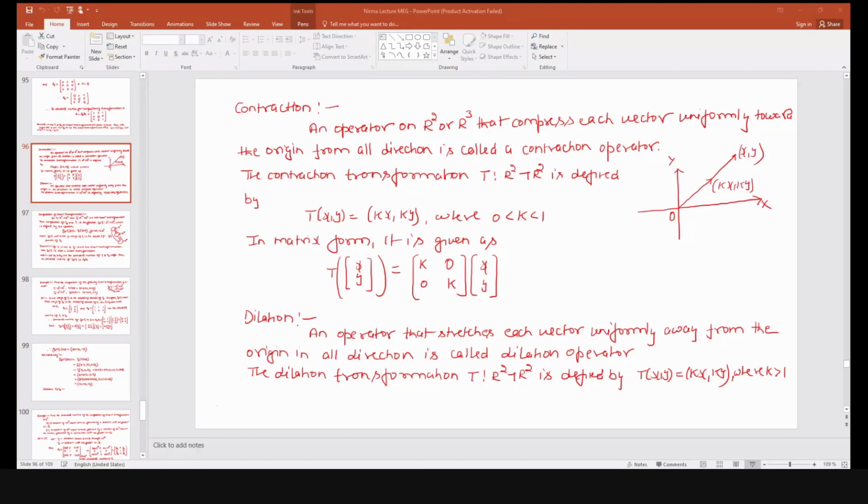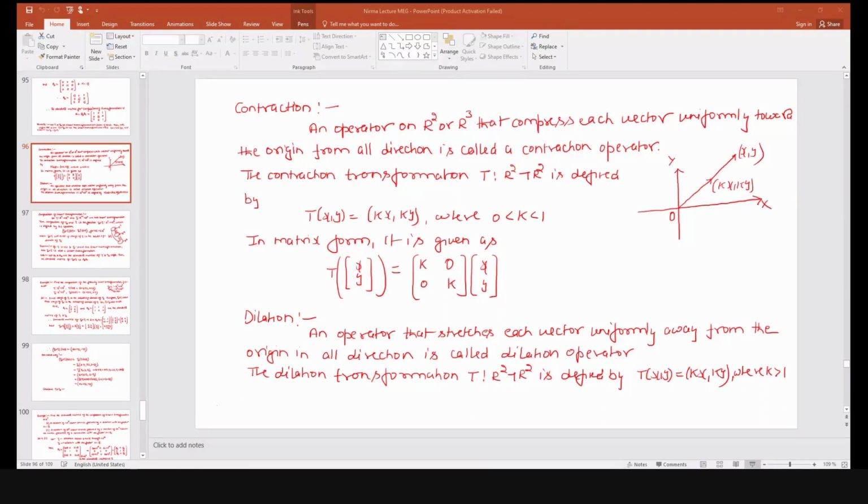If you multiply each component with a scalar greater than 1, that will stretch your vectors, increasing their distance from the origin. Mathematically, the dilation transformation T on R square is defined by T of (x, y) equal to (kx, ky), where k is greater than 1.